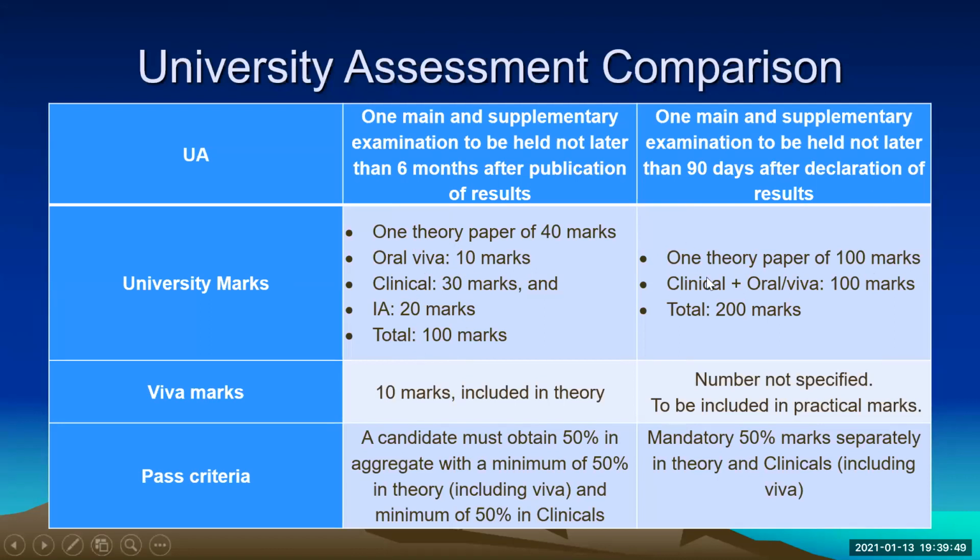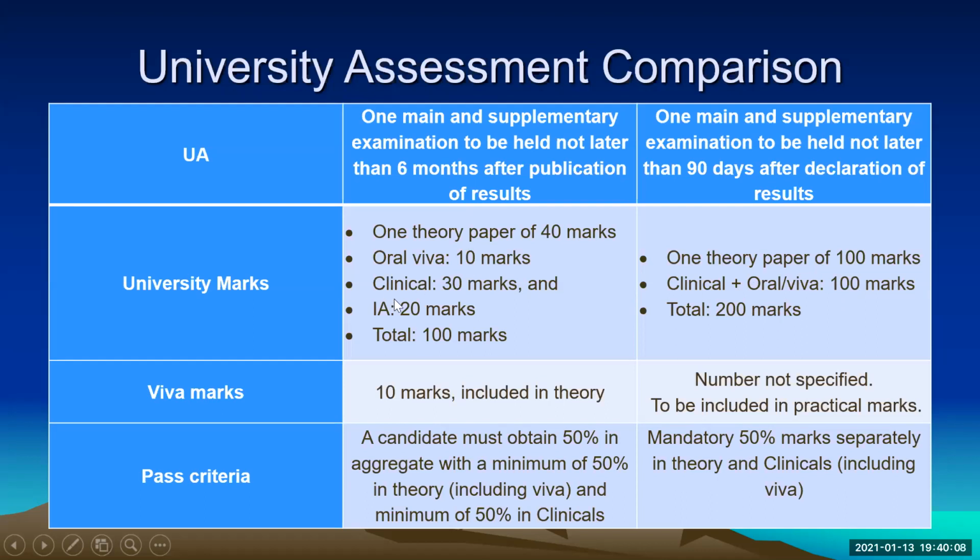But here internal assessment marks are not to be considered for the university marks. So university marks will be only of 200 marks, 100 for theory and 100 for clinical or practical examination, which will include viva.